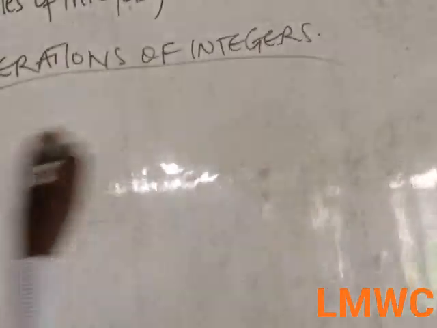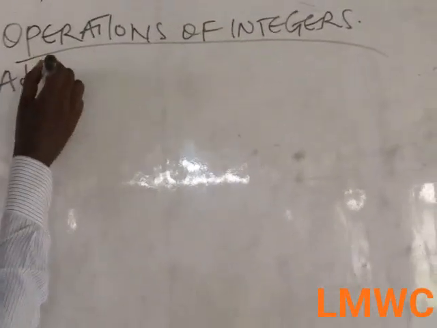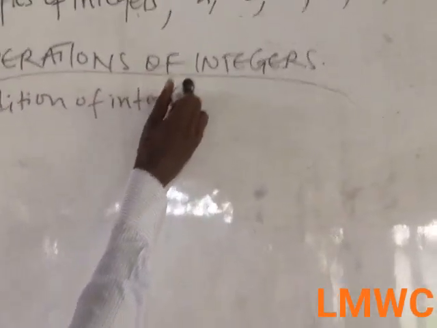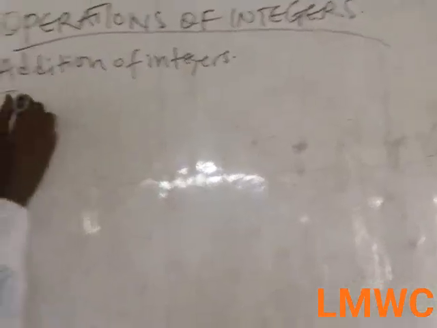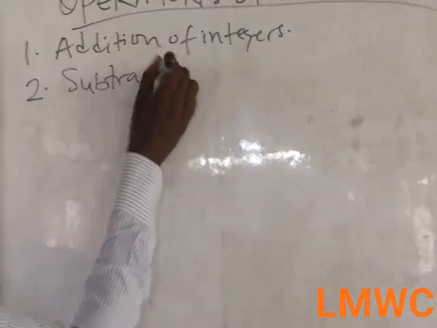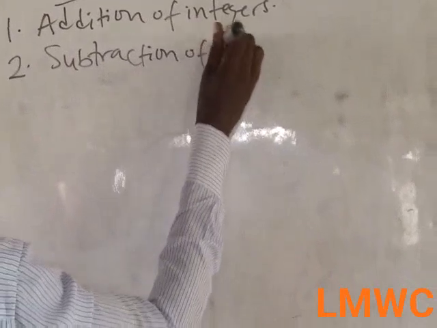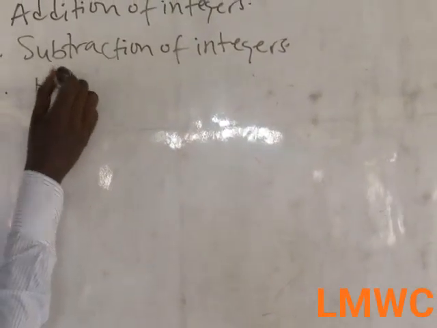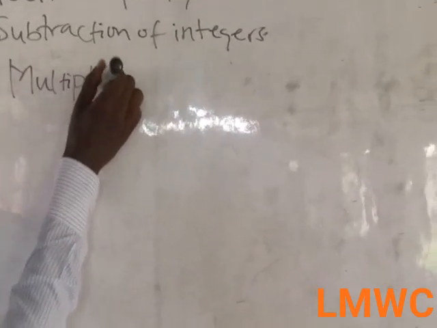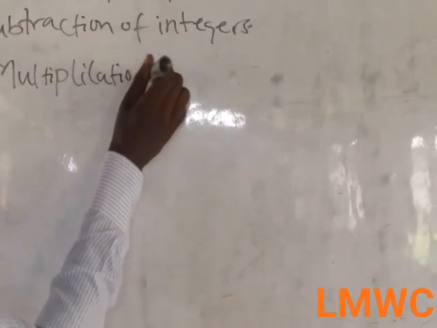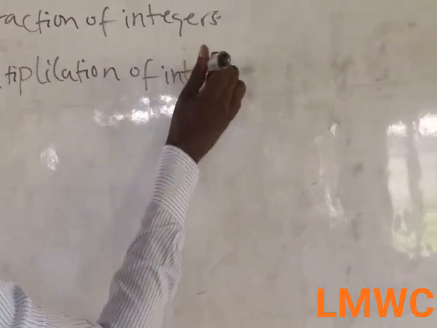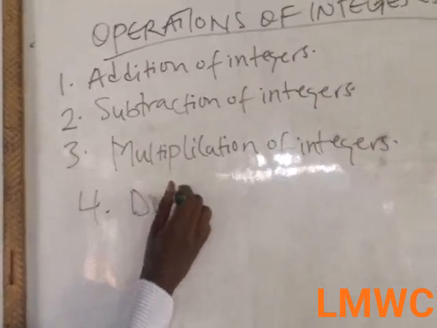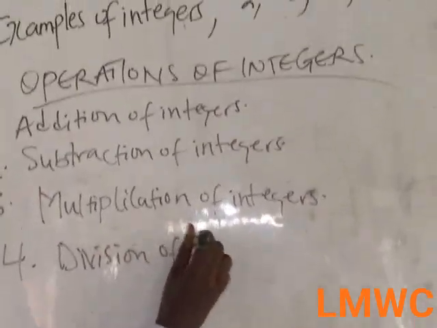For the operations, we have 1, addition of integers, 2, subtraction of integers, 3, multiplication of integers, and the last one is division of integers.